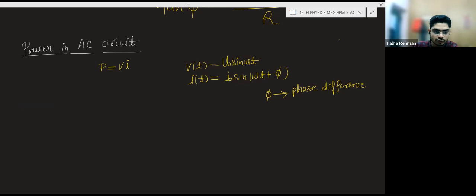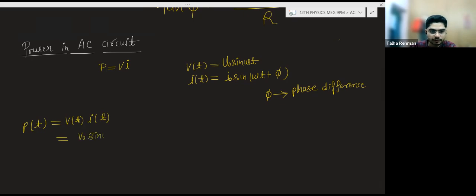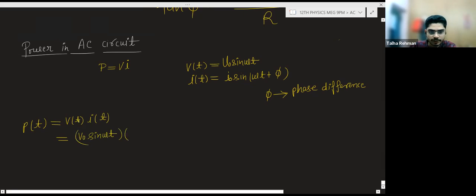In the AC circuit, power at any time t is equal to voltage at time t multiplied by current at time t. So power is equal to voltage into current. Put the value of voltage and current here: V naught sine omega t, and I naught sine (omega t plus phi).